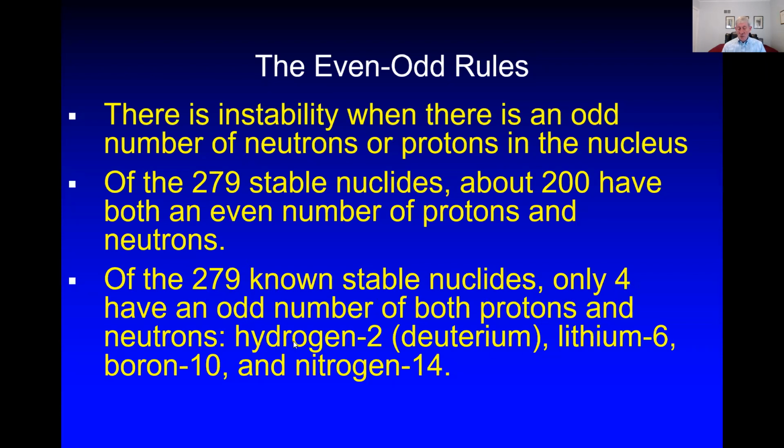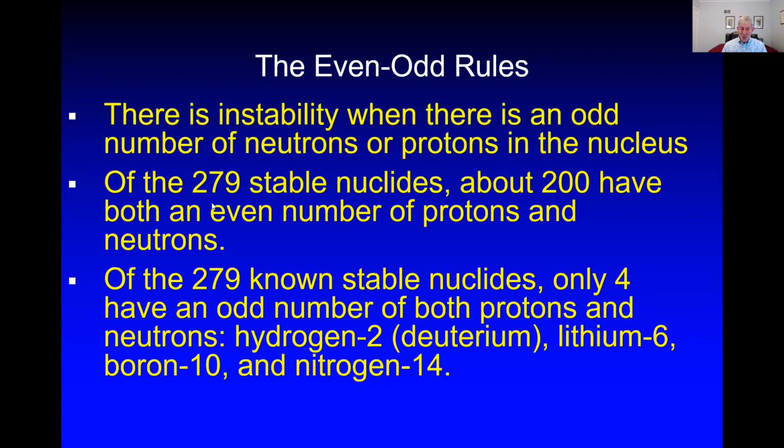For example, deuterium is hydrogen-2, H-1-1-2, odd numbers, 1 proton, 1 neutron. Lithium is 3-3-6, 3 protons, 3 neutrons. Boron 5-5-10, 5 and 5 are odd numbers. Nitrogen 7-7-14. We're breathing that right now. Those are the only 4 odd combinations known out of almost 3,000 nuclides and out of 279 stable nuclides.